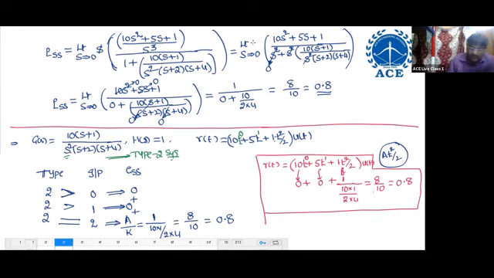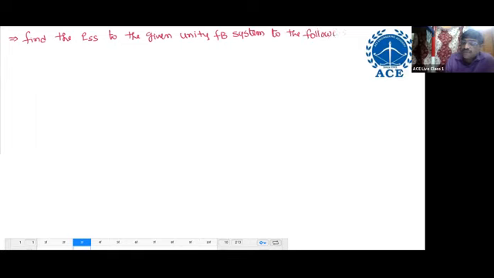Next problem. Find the steady state error, ESS, to the given unity feedback system, to the following inputs.